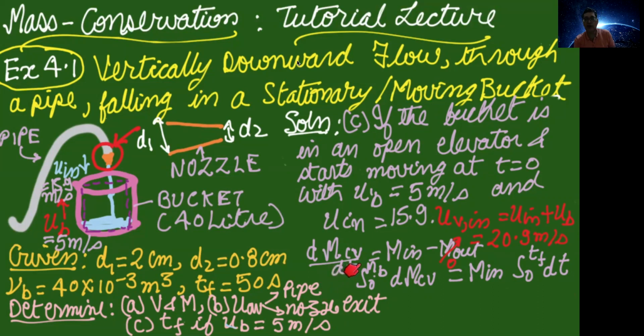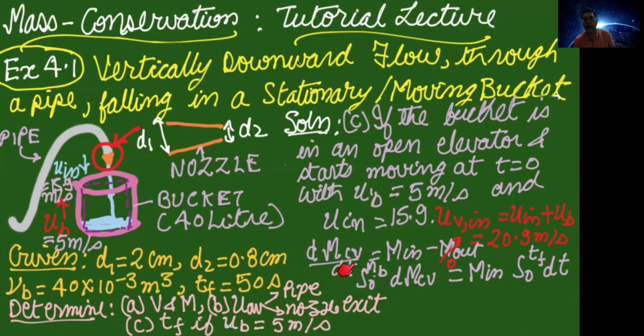This is equal to the mass flow rate leaving the control volume. Earlier, I had shown that the rate of change of mass stored inside the control volume plus the net mass flow rate leaving the control volume is equal to 0.